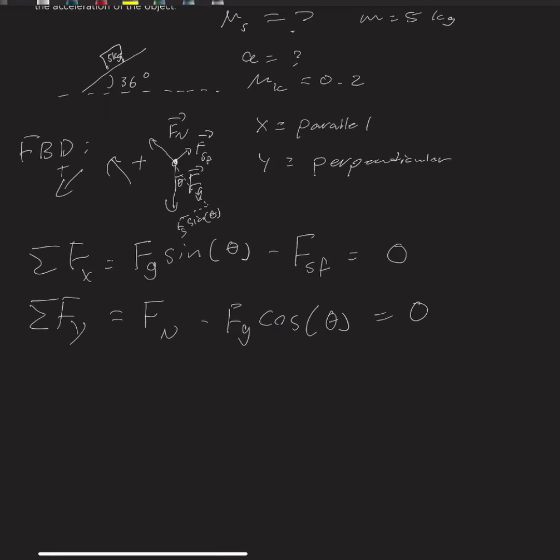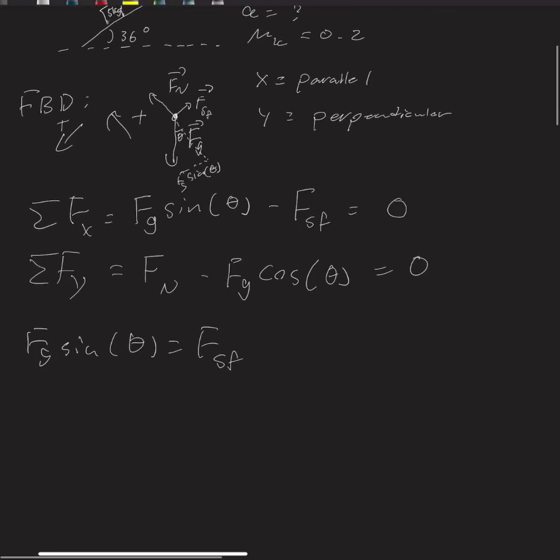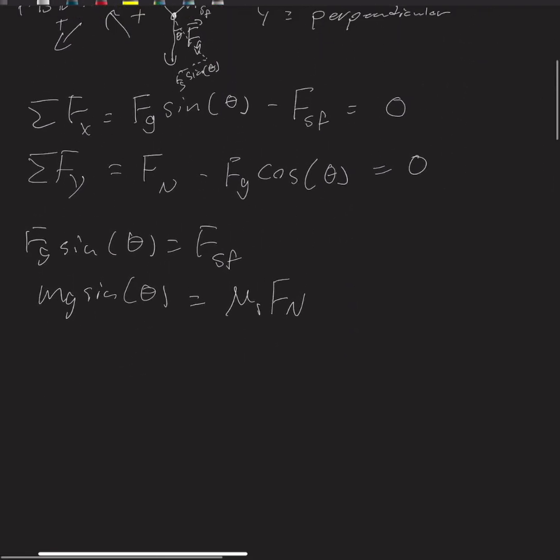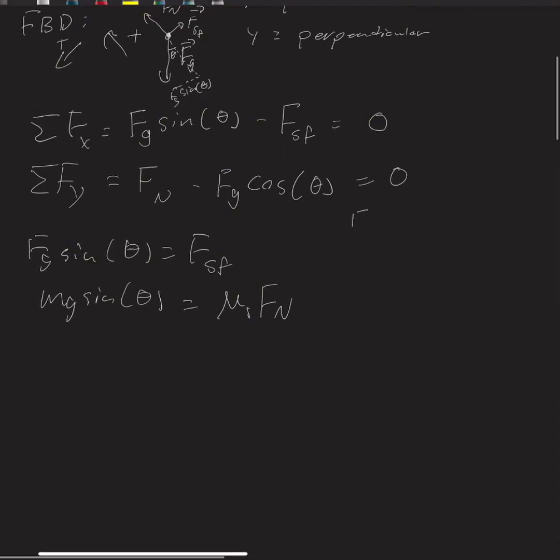Now we can solve using these. Say that Fg sine theta must be equal to force of static friction. So mg sine theta is equal to mu s times Fn. We don't know Fn here. Well, we do know that Fn appears in the y direction, so let's calculate in the y direction. Fn is equal to Fg cosine theta. So you can say that Fn equals mg cosine theta.